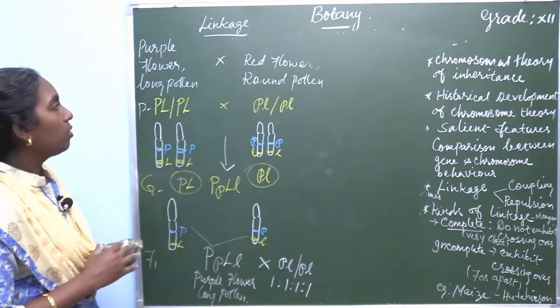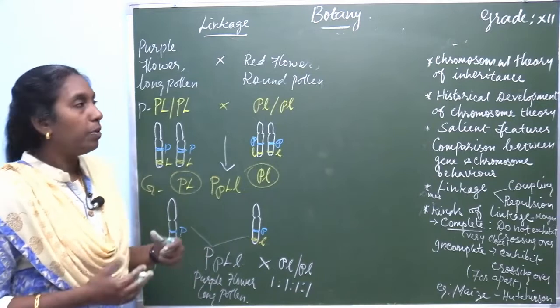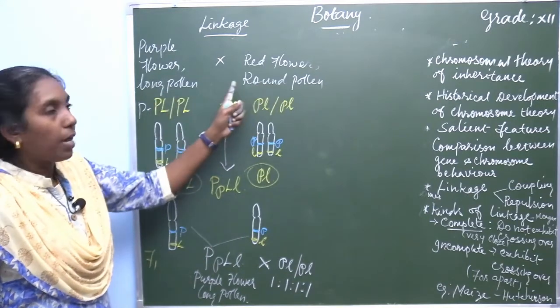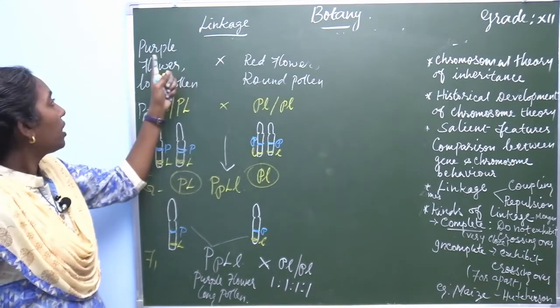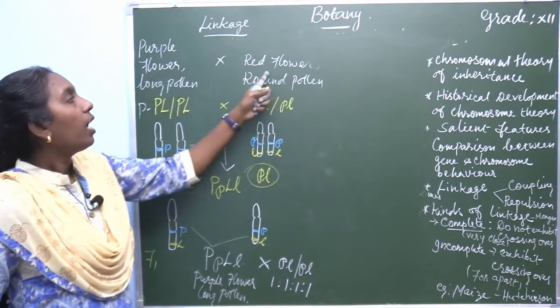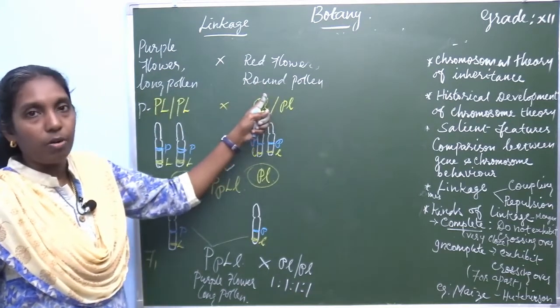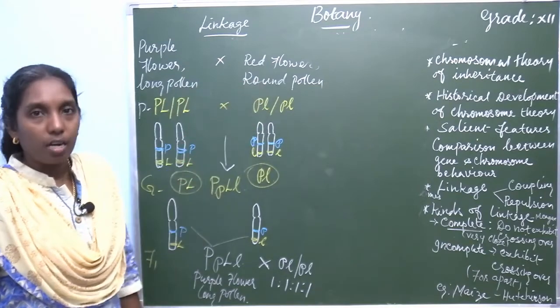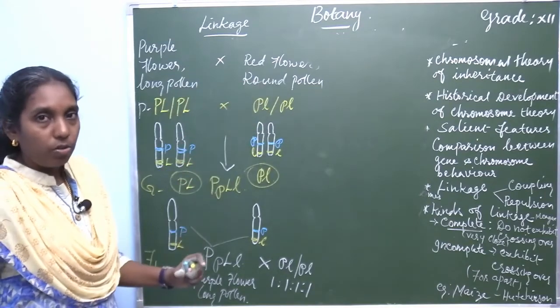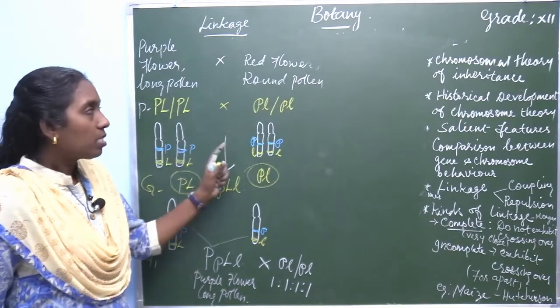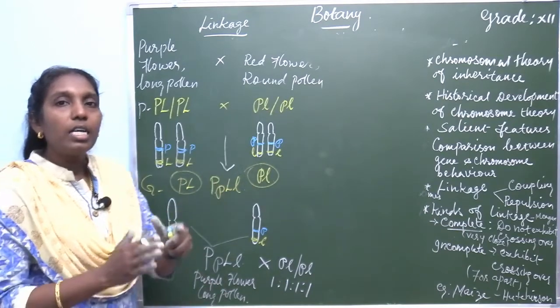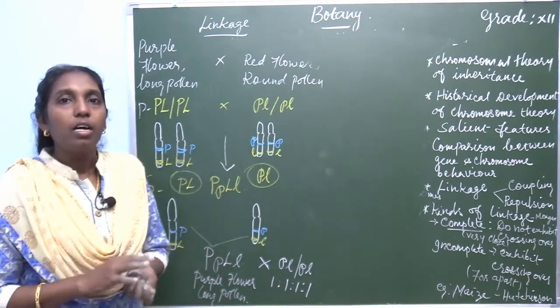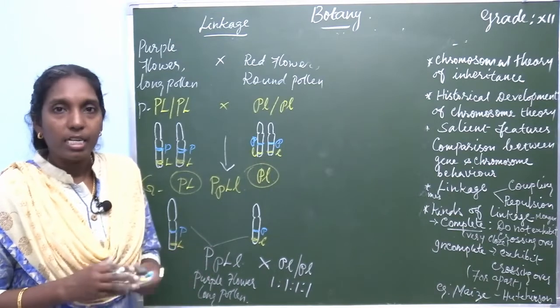Instead, it gives a greater number of the parental forms, that is purple flower with long pollen and red flower with round pollen. So, they concluded that these genes do not assort independently according to Mendel's law of independent assortment.